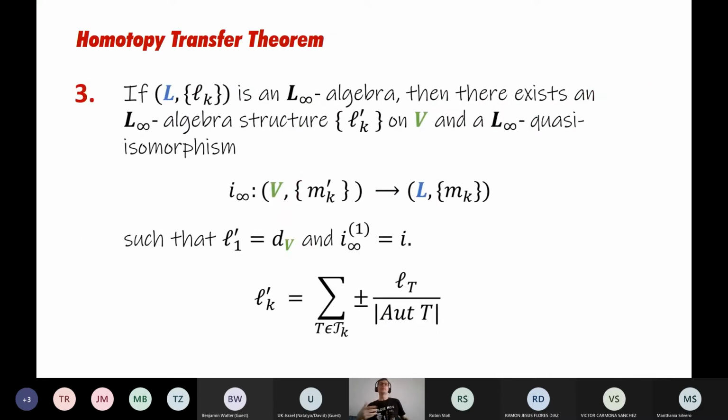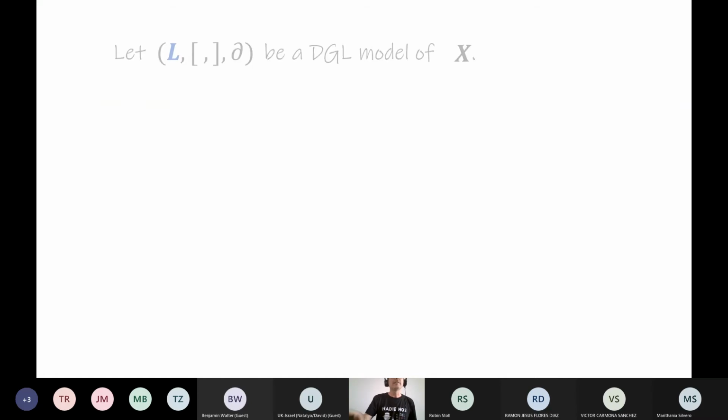How can we use this homotopy transfer theorem in the study of mapping spaces, or in general of rational homotopy theory? Let's see. Suppose that we have a DGL model of X and we want to compute a Quillen minimal model. We can do the following thing. Take a supplementary of the kernel of the differential.